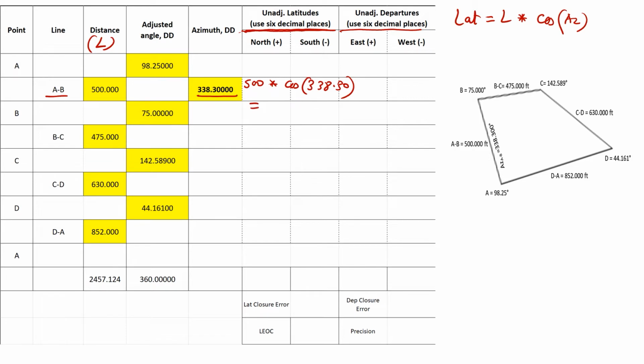If you do this, you get 464.566286, which you can round to 6 decimals.